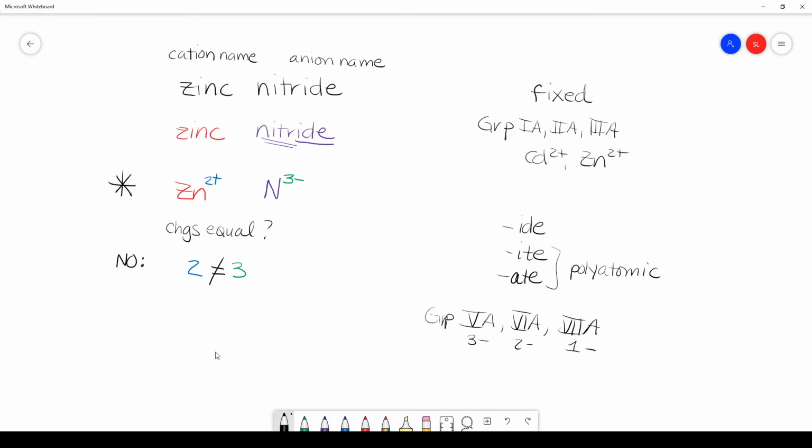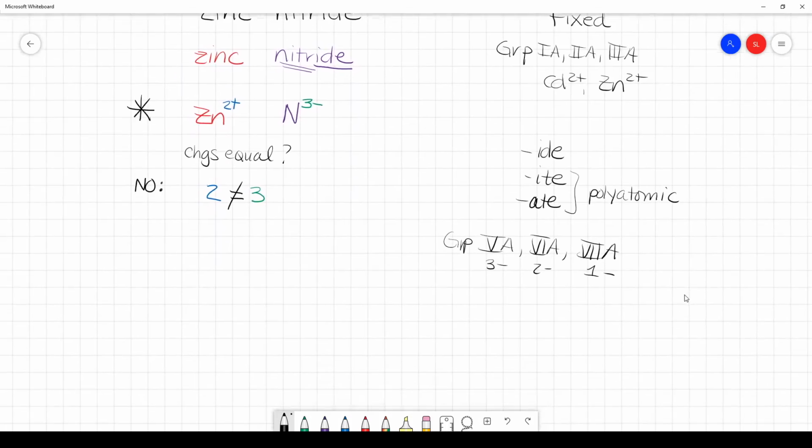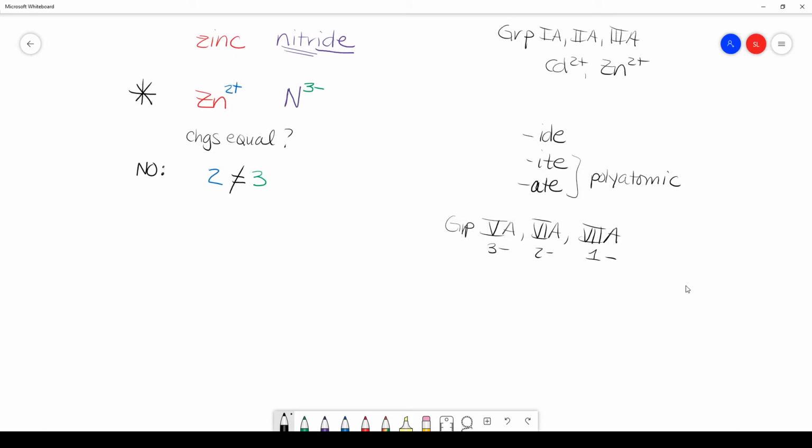And why we care about that is because it leads to the next part, which is how we're going to combine these ions. So 2 is not equal to 3. That means that I have to take the charges, or I should say the values of the charges, and swap them so they become subscripts. So I'm just rewriting the ions so I can show you how that's done.